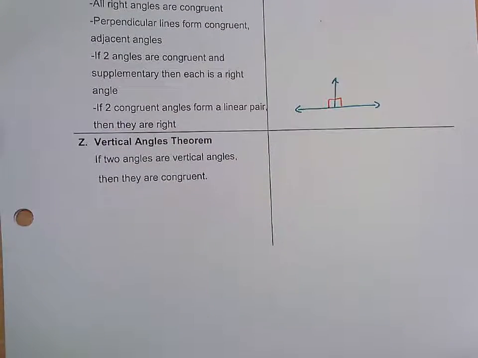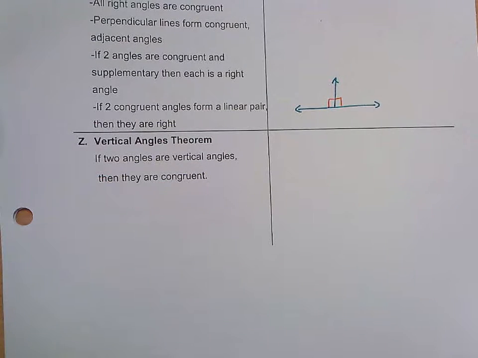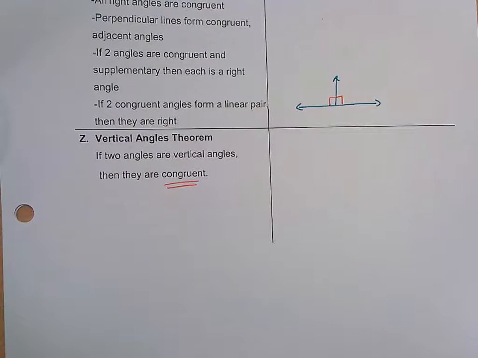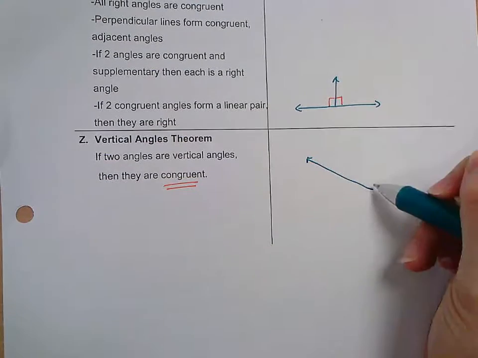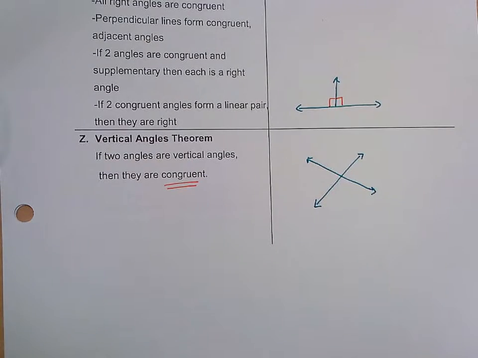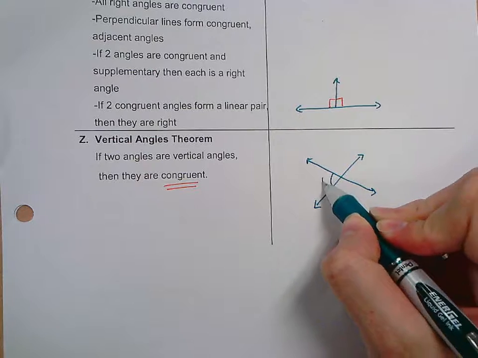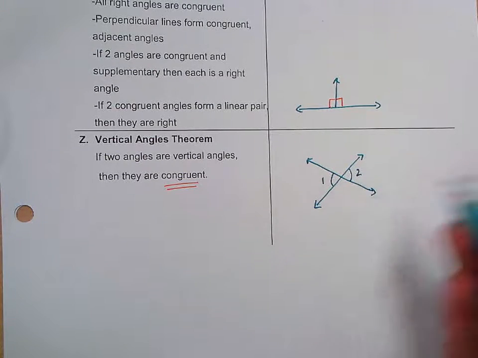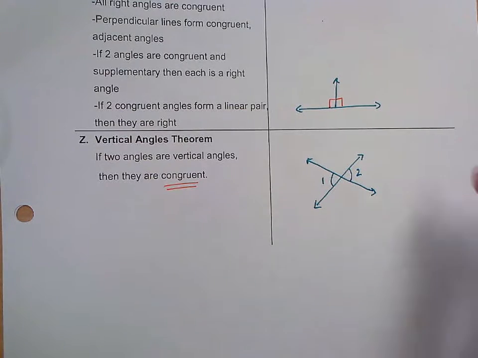And the last one, the vertical angles theorem, says if 2 angles are vertical angles, you know they are congruent. All vertical angles are congruent. As a reminder, vertical angles are formed by intersecting lines. Like here, this is angle 1, this is angle 2, those angles are vertical angles.